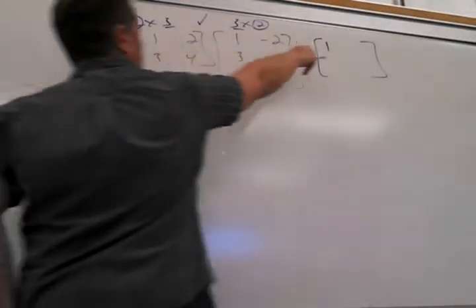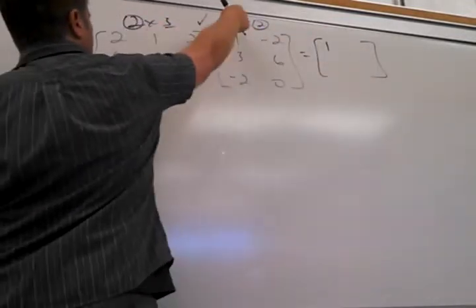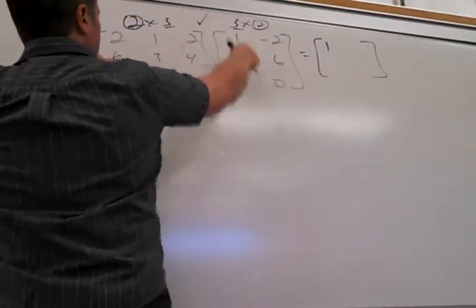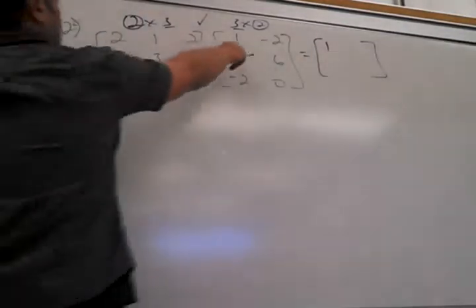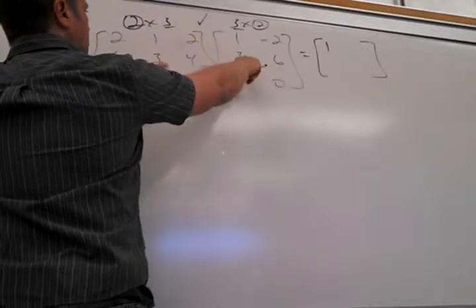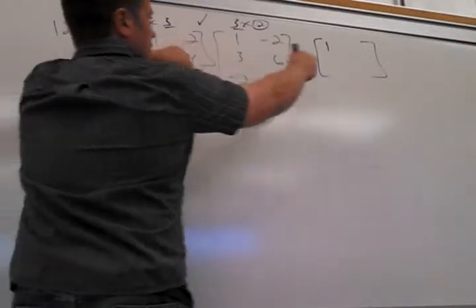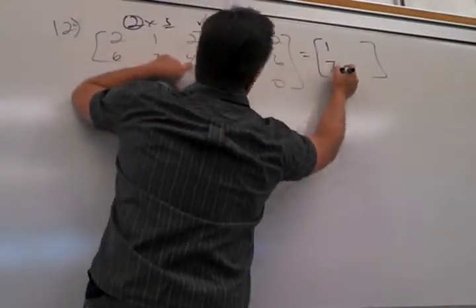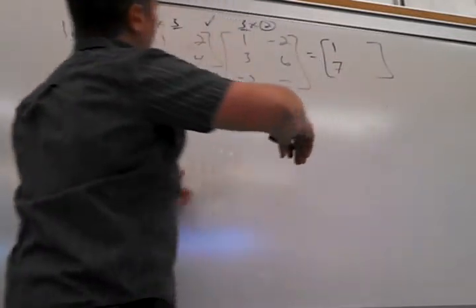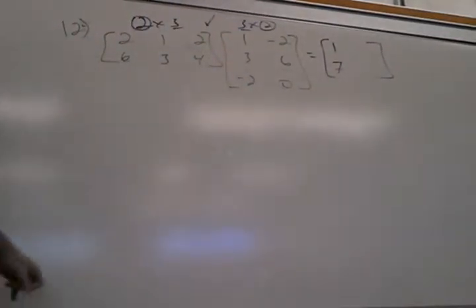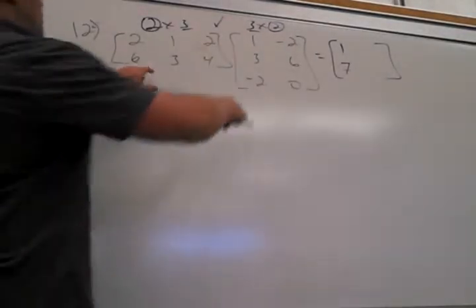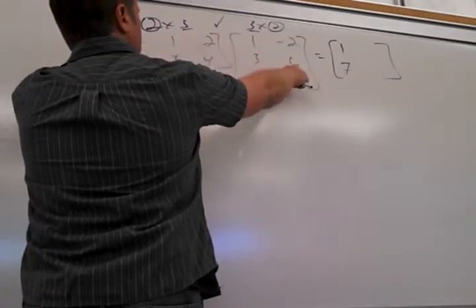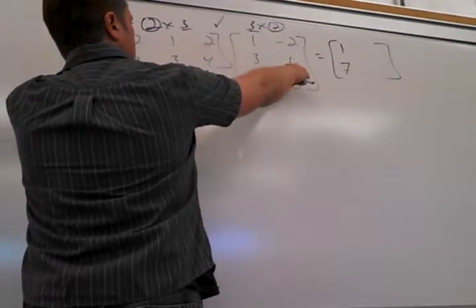So to get the first row, first column, I do the first row times the first column. If I do this row times this, I get the second row, first column answer. So you get 6 plus 9 is 15. Minus 8. 7. Then we get negative 12 plus 18. 6.